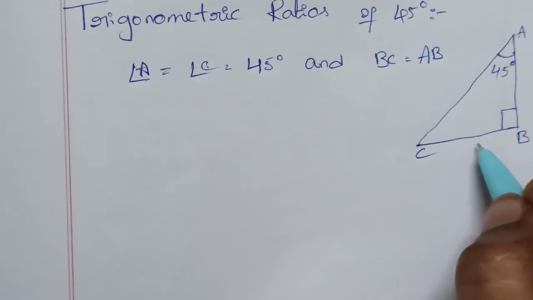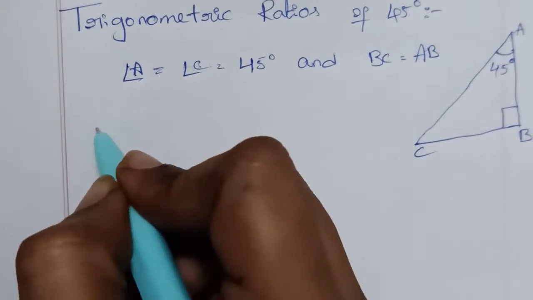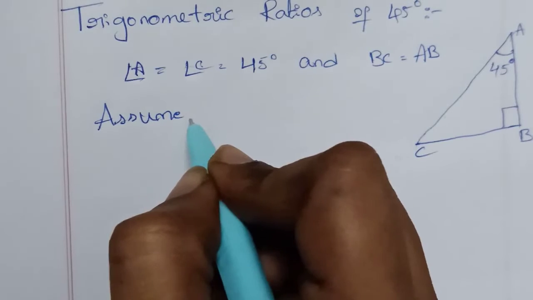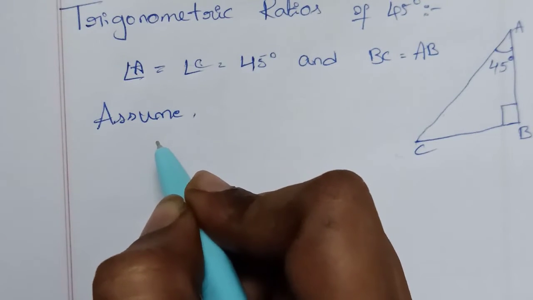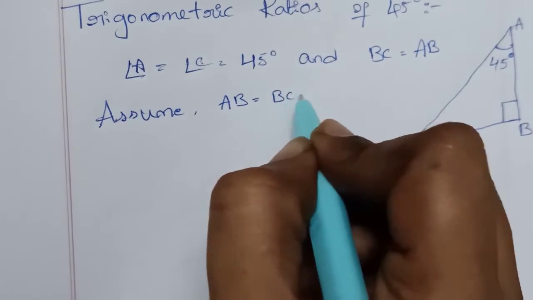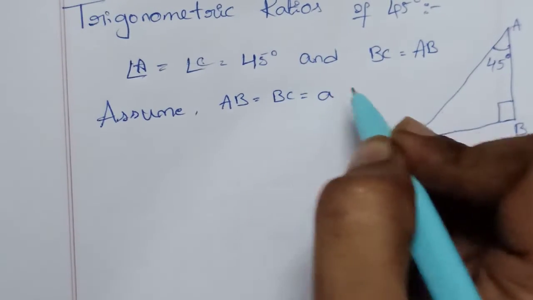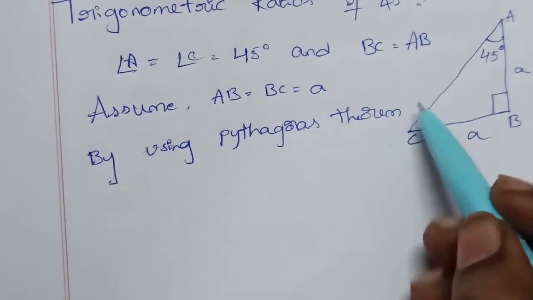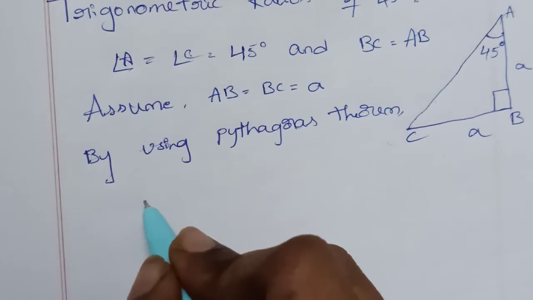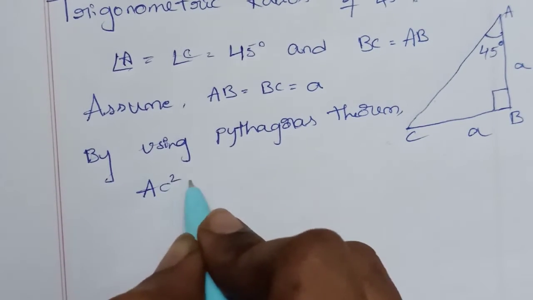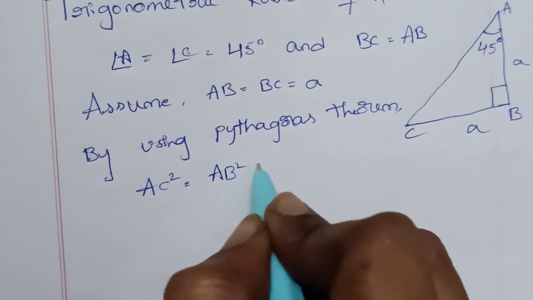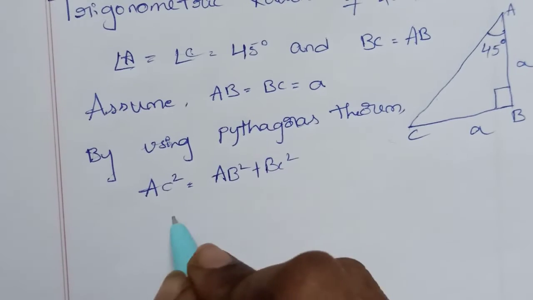Here, assume AB is equal to BC is equal to A. By using Pythagoras theorem, now we have to find the length of AC. AC square is equal to AB square plus BC square.